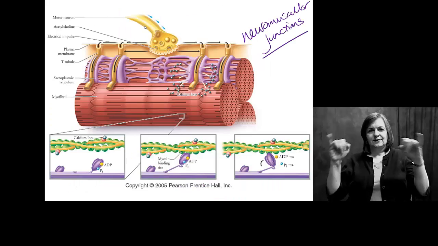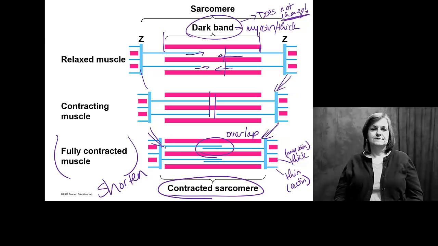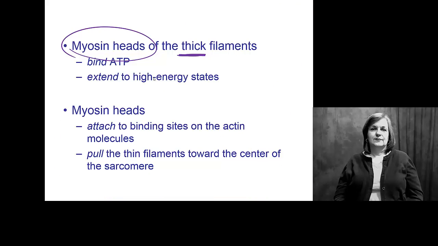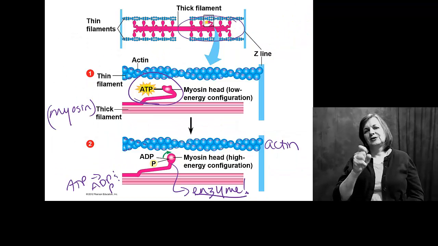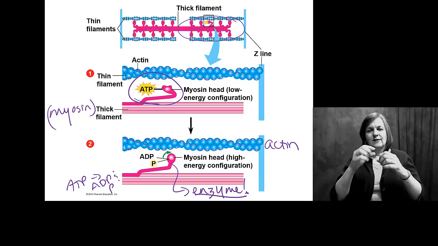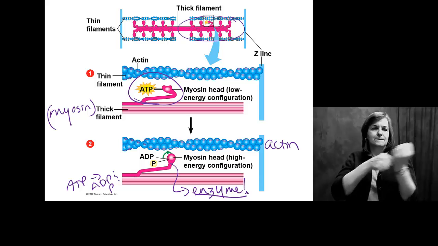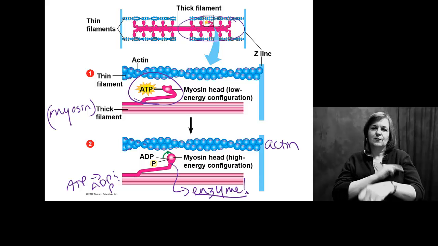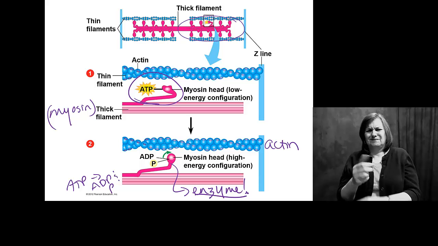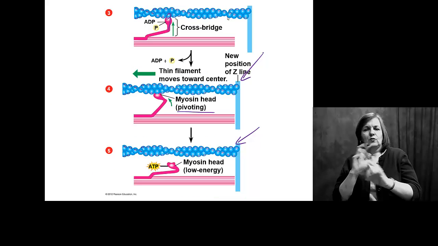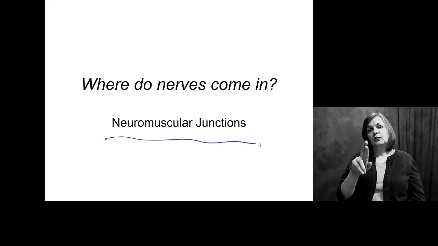Those Z lines come closer and closer together. Now you notice, I hope, that there are many myosin heads on a single myosin filament. And they're all going to work very, very quickly to get this muscle to shorten. Because if you flex your muscle, how long does it take you? Microseconds, right? This is a very quick response. And the reason it's a quick response is because of these neuromuscular junctions where we get the nerves coming in.